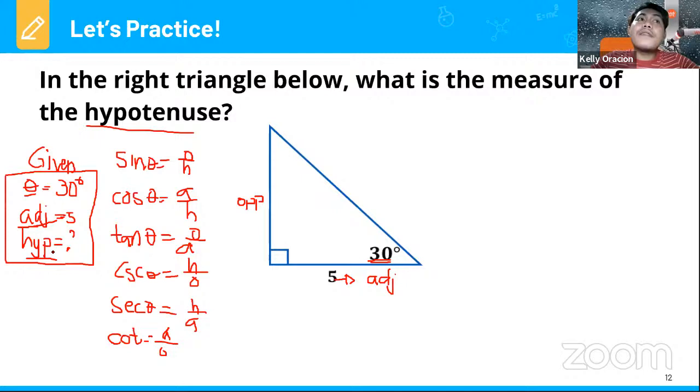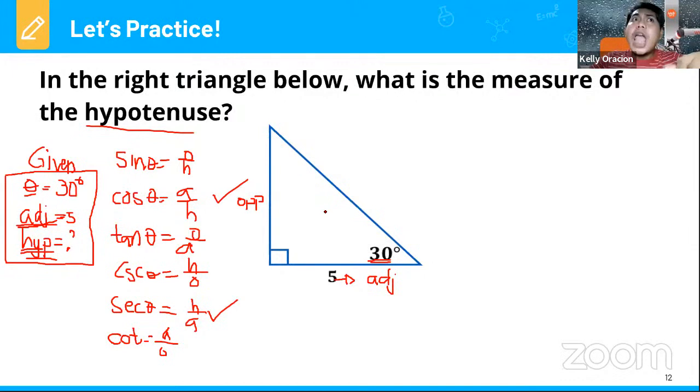Adjacent yung given, hypotenuse ang missing. We have the cos and the secant. Let me correct myself. Si cos at saka si secant yung gagamitin natin para mahanap yung hypotenuse.